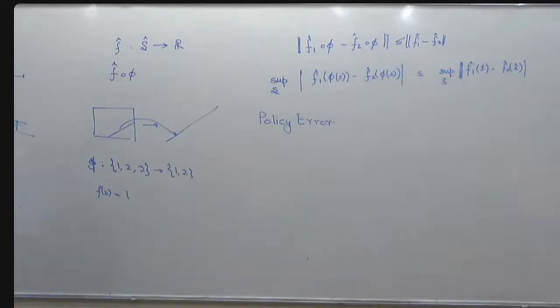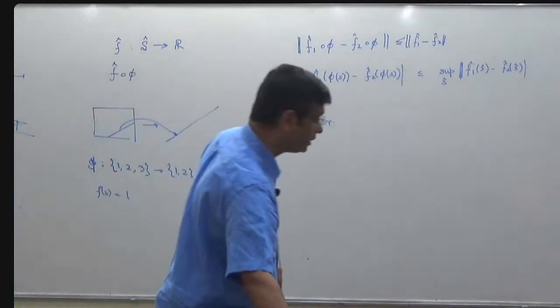Before going into this, there are always two ways to do this analysis, right? What I am doing in the entire analysis is taking something in the abstract MDP and lifting it up into a function in the original MDP. The opposite way is to take any function in the original MDP.